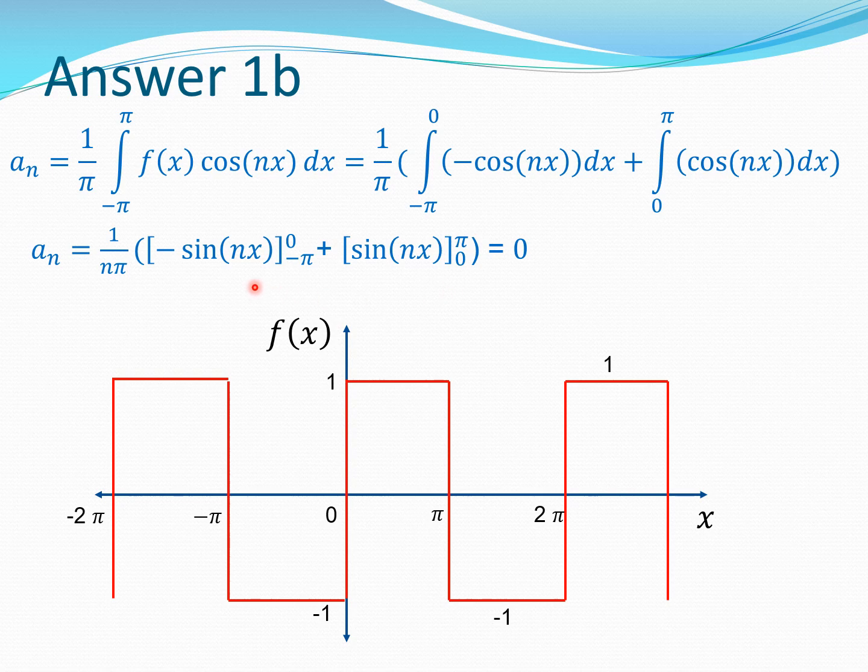Now if we look at the bounds of sin nx, we know that sine of 0 is simply 0, and we also know that sine of n pi is always 0. So essentially these terms are all 0. So an also comes out to be 0, which means there is going to be no cosine part for this particular function.